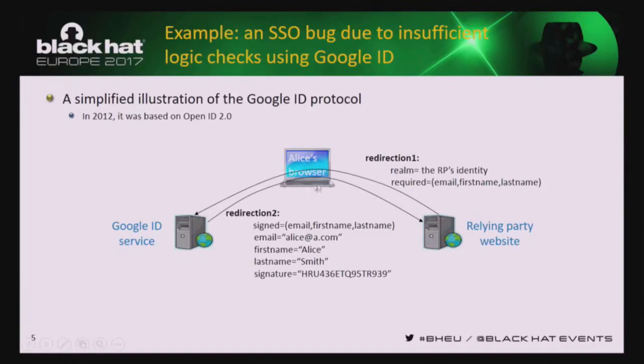So when this redirection is received, the Google service generates essentially a sealed envelope, and inside the envelope you see email, first name and last name, and it also indicates that these three fields are protected by the signature, and there is a signature as the seal. Now, when redirection 2 comes back, the relying party will validate the signature and then authenticate the user as alice@a.com. Okay, so this seems to be straightforward.